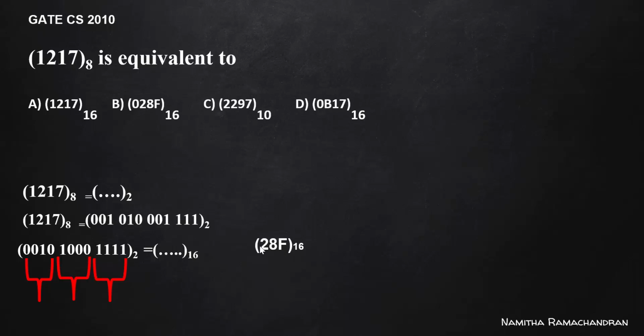And also we can add any number of 0 to the left which will not change the actual value. So option B is the right answer. So from this it is clear that for converting a base 8 number into its binary equivalent, we don't need to convert into base 10 and then to base 2. We can directly convert this into its binary form. Why?